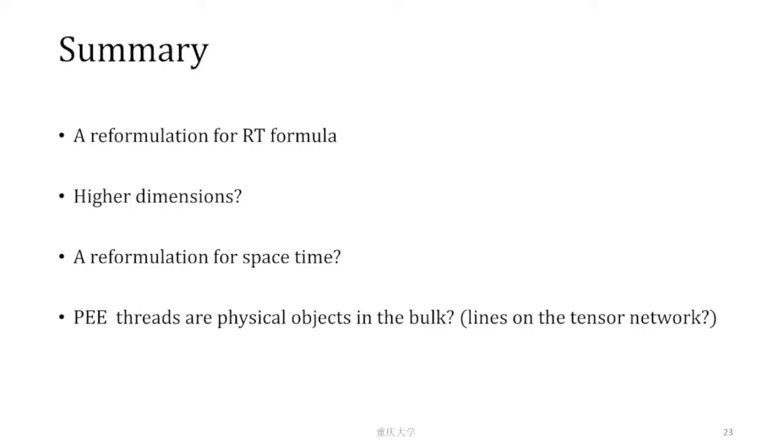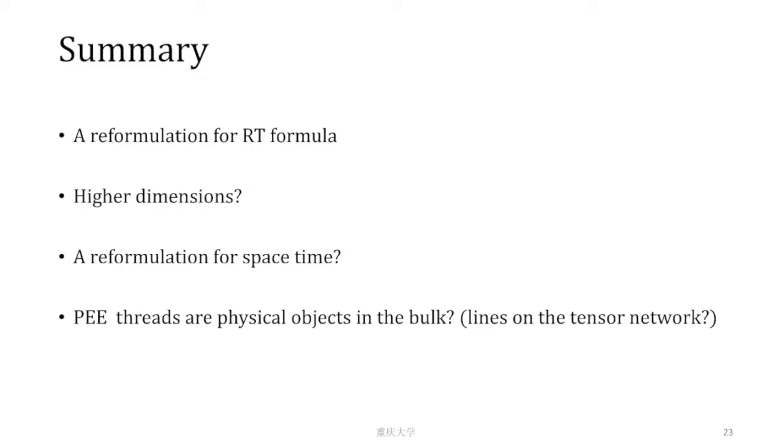I see, thanks. I also have a question. Before taking the continuum limit, this theory should be some kind of finite-N theory. You said there is no well-defined continuum limit for tensor networks.